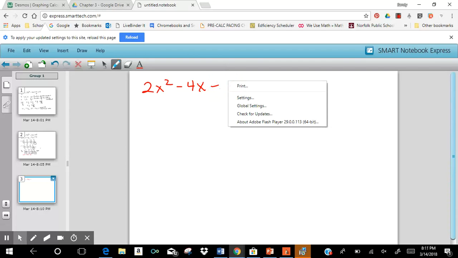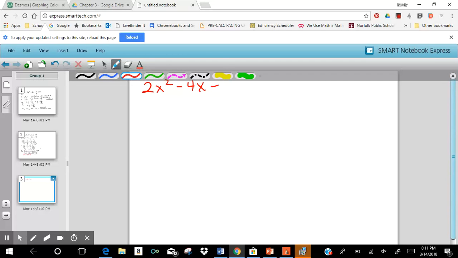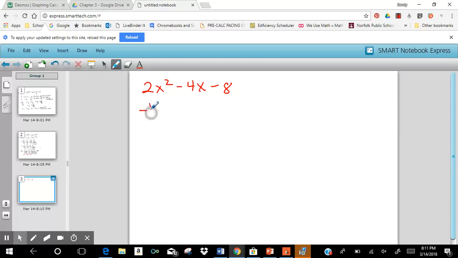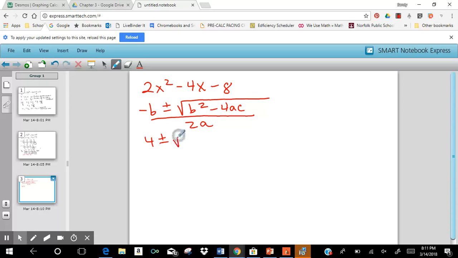The quadratic formula here is -b plus or minus the square root of b squared minus 4ac all over 2a. So subbing in here, -b would be +4 plus or minus b squared is 16 minus 4 times a is 2 times c is -8 all over 2 times 2.